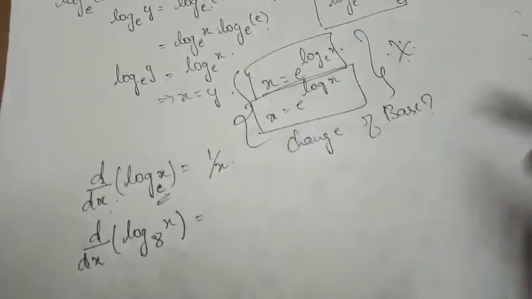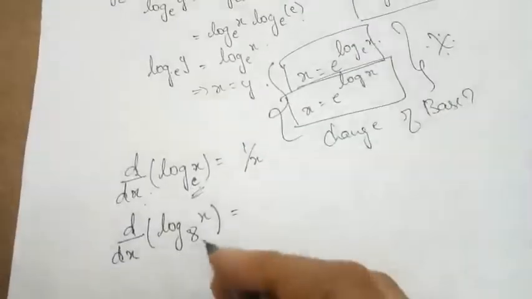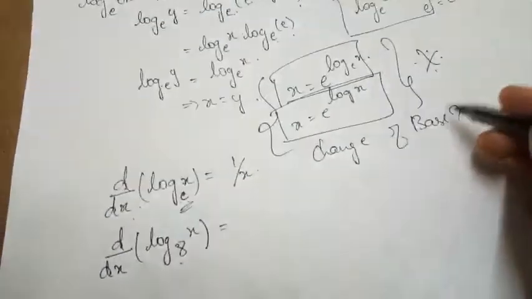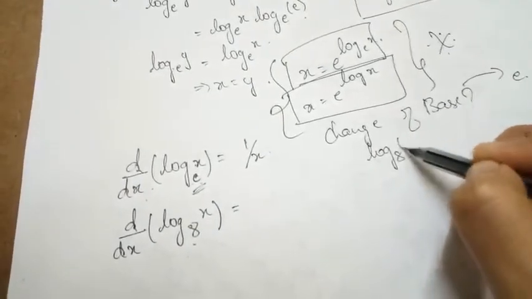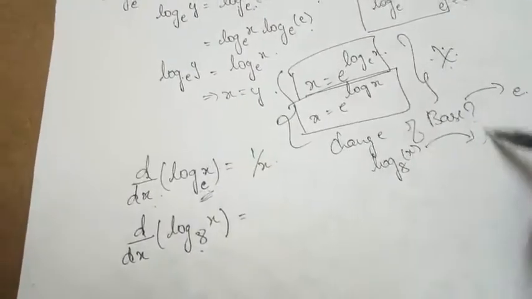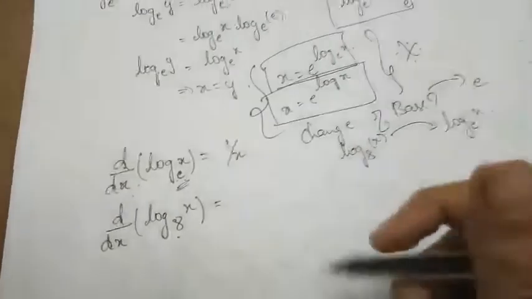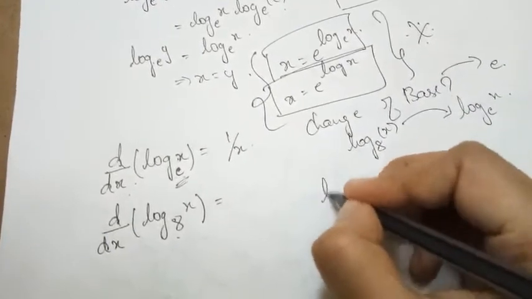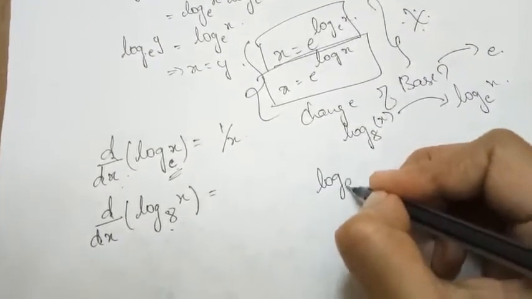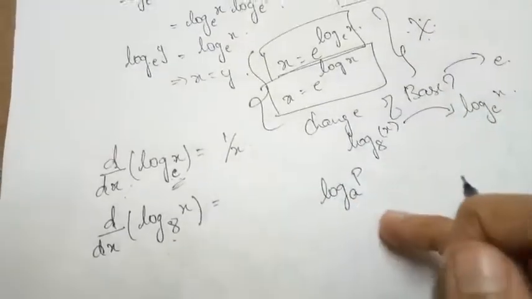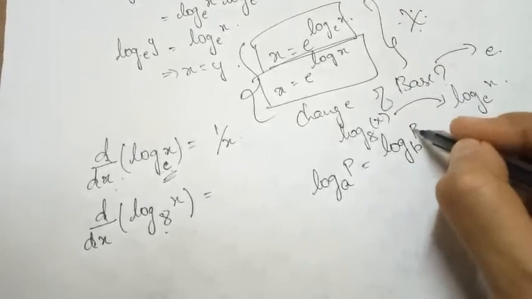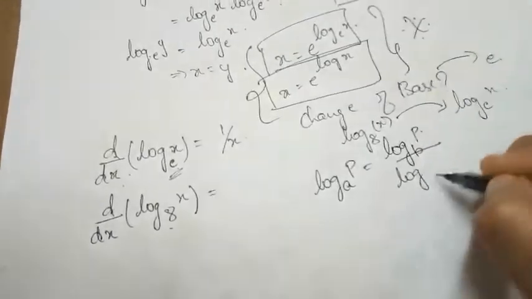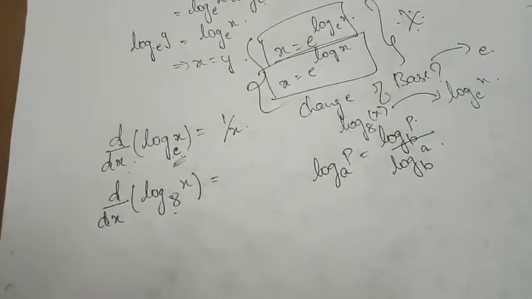The common agenda when we are changing the base is, whatever the base is, we need to turn it into the base e. That is, we are changing log base 8 of x to log base e of x. To change from one base to another base, we have the formula. What was that formula? Log base a of p is equal to log base b of p divided by log base b of a.